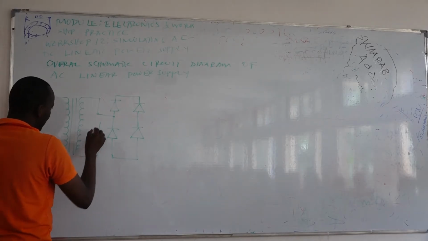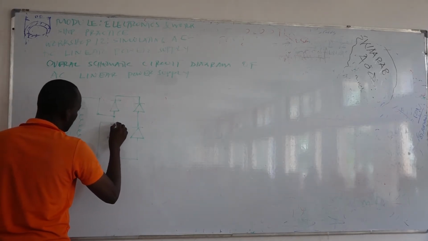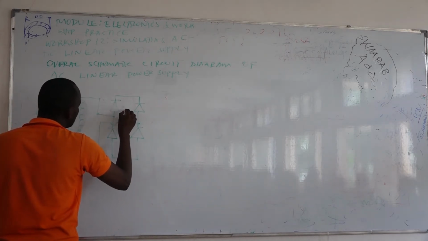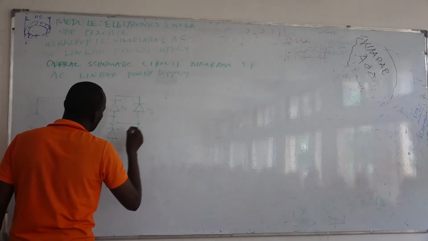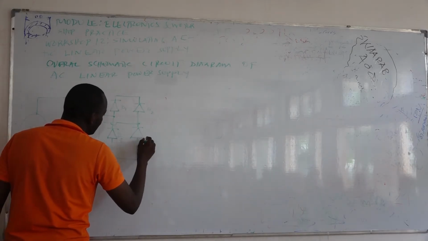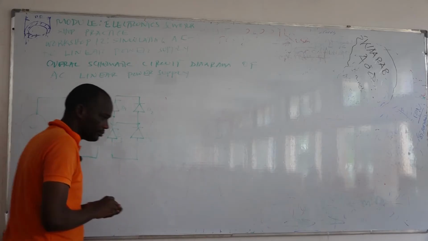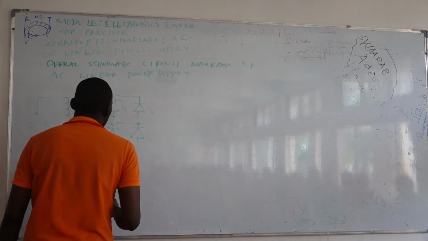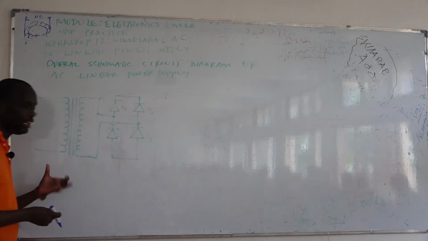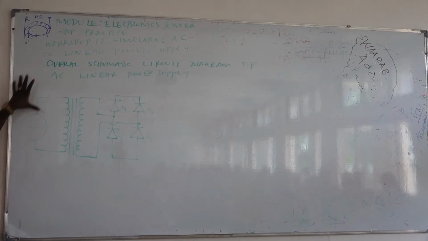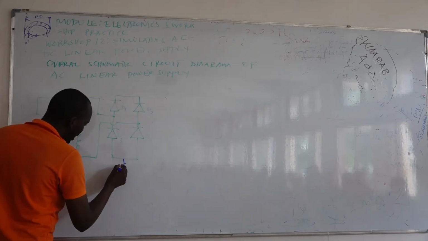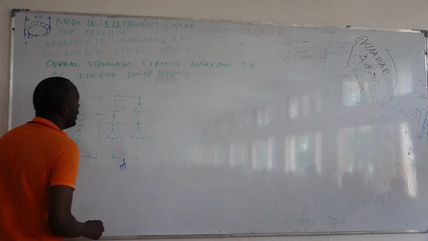This is the secondary coil of the step-down transformer. This is diode 1, this is diode 2, this is diode 3, this is diode 4. Draw it quickly, it's very important. So this is the block diagram, the implementation schematic circuit diagram of the step-down transformer, and this is the schematic circuit diagram of the rectifier unit. So we need the common ground here.